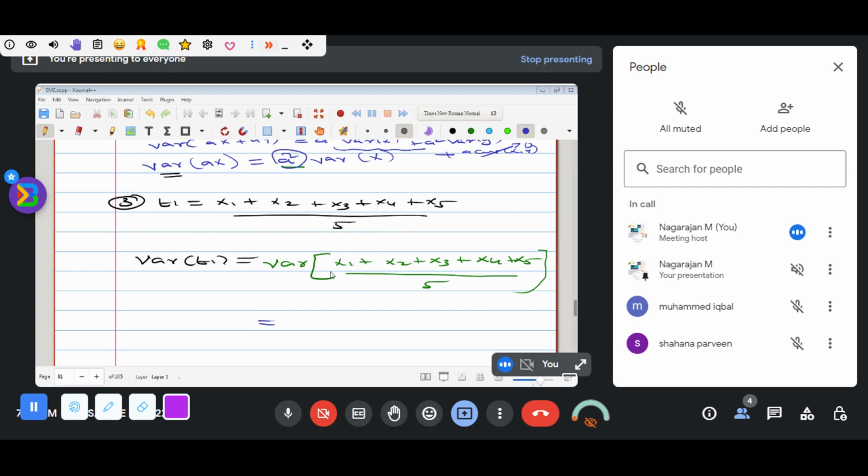What is the constant term here? 1 by 5. Therefore I take 1 by 5 squared outside.